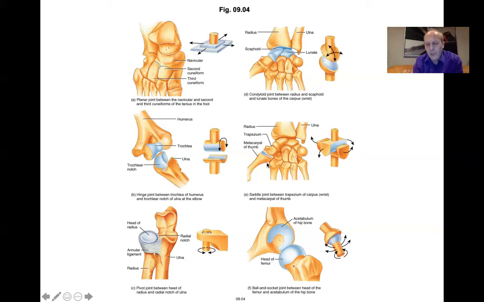The second type of biaxial joint, the saddle joint, is very unique, as the articular surfaces are neither convex nor concave, but they're also not flat. Articular surfaces are very complexly warped, so from one direction they look convex, but from the other they look concave.